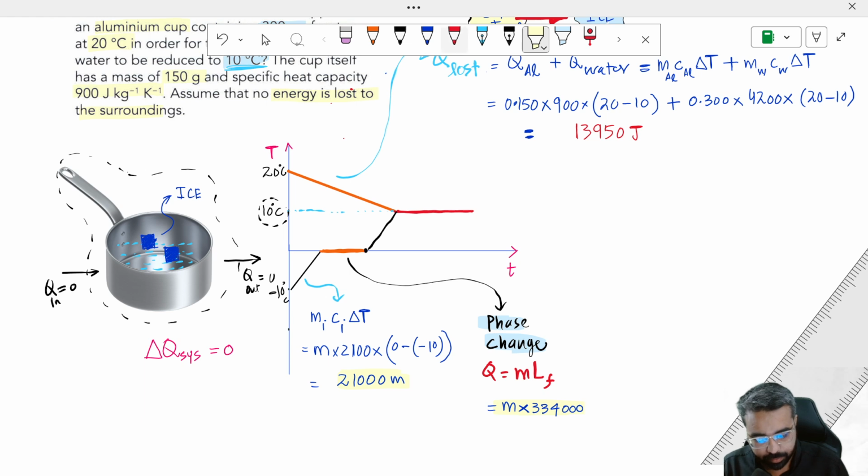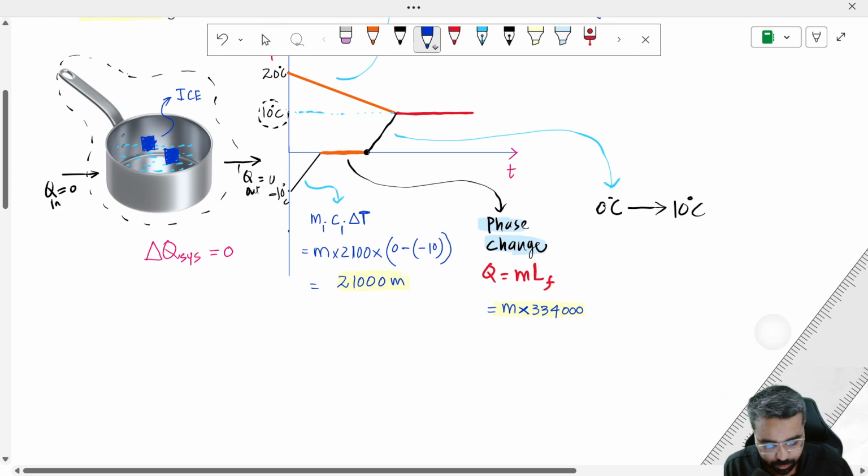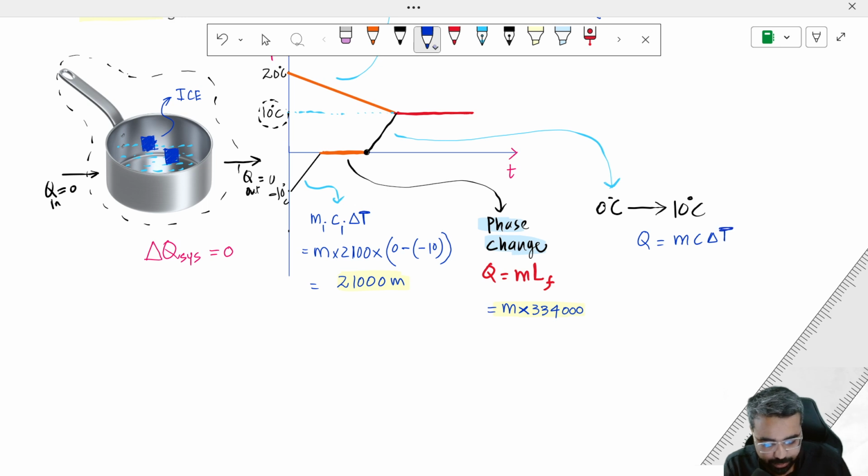Now let's talk about the next point. This is the time duration when the temperature of the ice, or in fact the water, has increased, because it has completely converted into water. Now its water temperature has increased from 0 to 10 degrees Celsius. So of course I will apply this equation, Q equals m c delta T. Basically I will take here the mass of ice, because we are talking about the change of temperature of the ice that has converted into water.